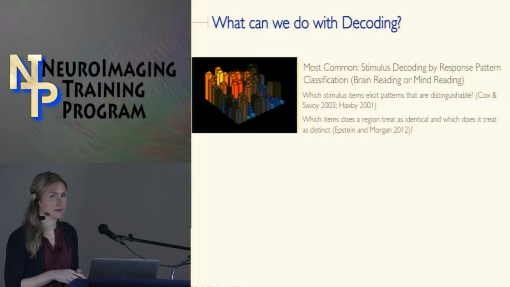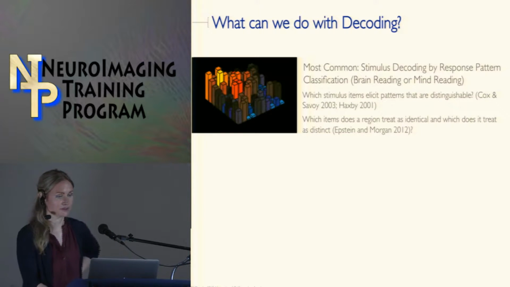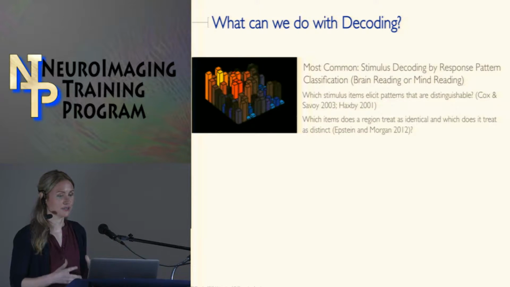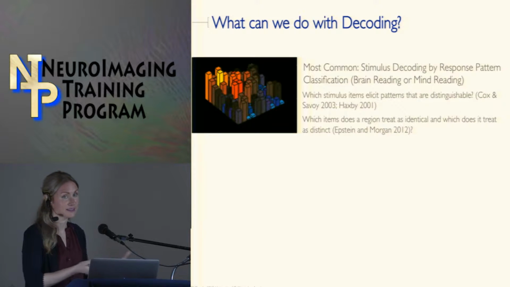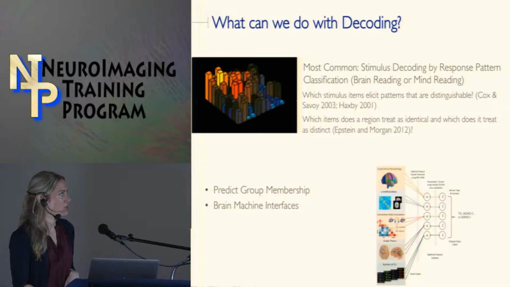If you can't, then maybe your decoding is a trivial thing. Even if you're trying to predict brain patterns, which I'll mention later, if they're so similar, it might actually be fairly trivial. You could also ask, which items does a region treat as identical and which does it treat as distinct? So that's another way of reframing that same question.